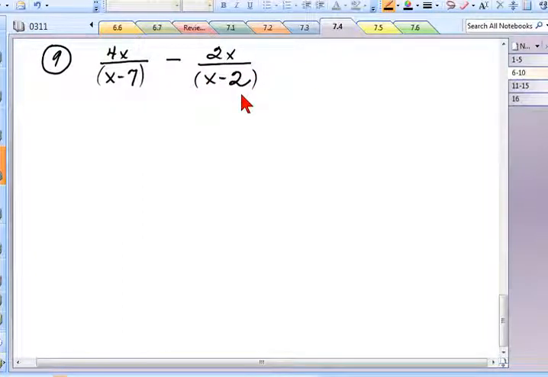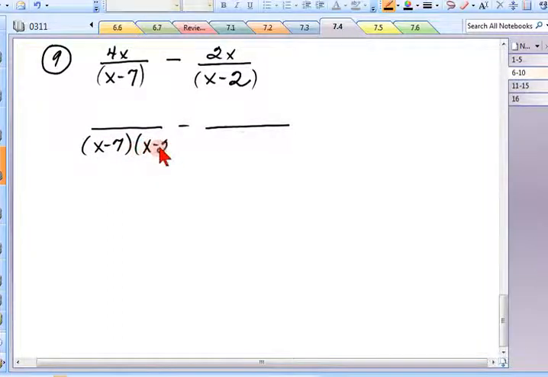What is the common denominator, the least common denominator? Don't add them, but multiply them, and don't figure out what it is. It is x minus 7 times x minus 2. I need one of each different kind of factor, and there were no powers.